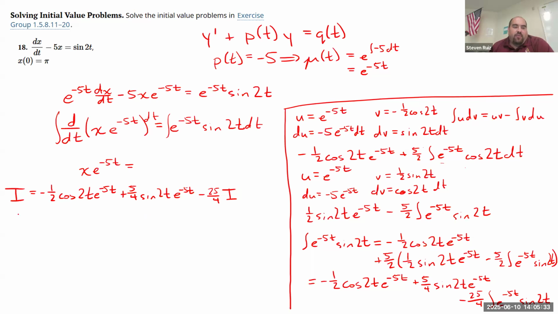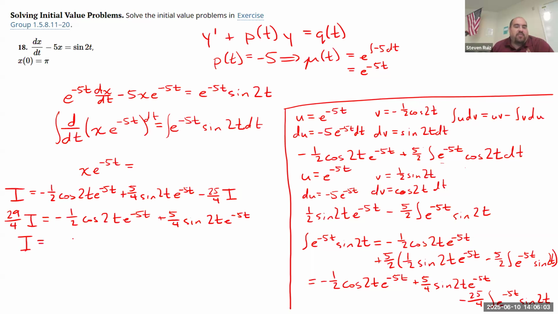So 4/4 I plus 25/4 I becomes 29/4 I equals negative 1/2 cosine 2t e to the negative 5t plus 5/4 sine 2t e to the negative 5t. And our last move here is to divide by 29/4.